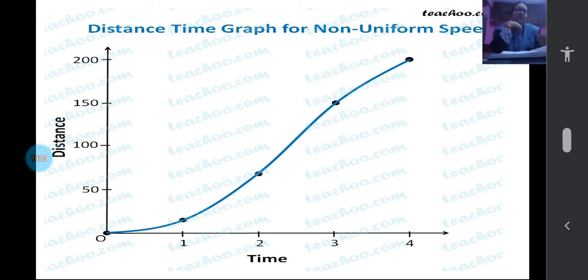So from the graph also you can understand and prove that it is showing variable speed. You can take 2, 3, 4 minutes and calculate the speed, and you can understand that the speed is varying. That is, the object is under non-uniform motion. The graph will be a curve.